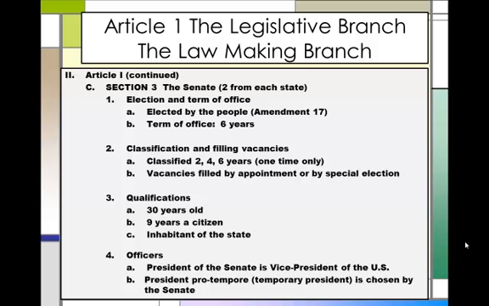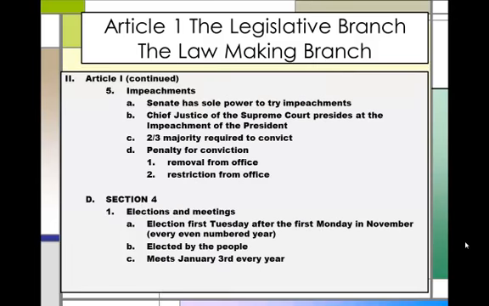Originally, they were not selected by the people, but that changed with Amendment number 17, which required that all senators be elected by the people. The Senate is the court in any impeachment trials. The Chief Justice of the Supreme Court presides at the impeachment of the President. It takes a 2/3 majority of the Senate to convict someone, and the penalties are removal from office, definitely.